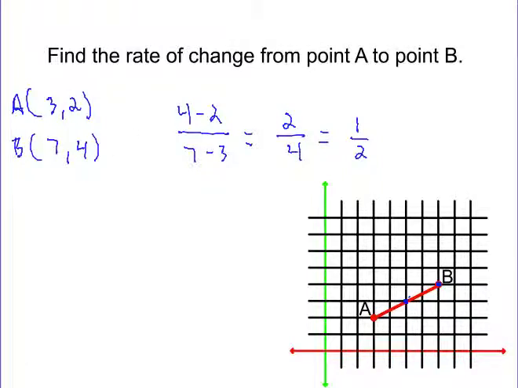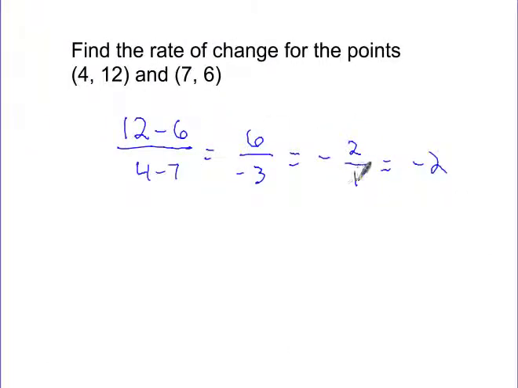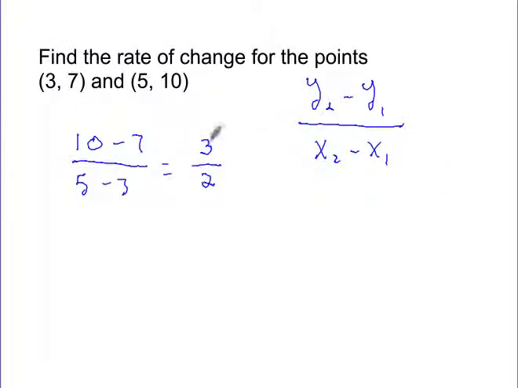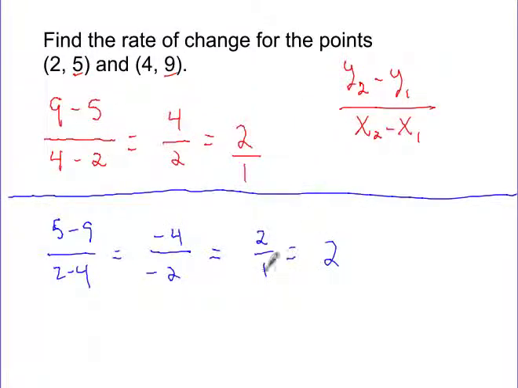As we look back at some of these past ones, as x changes 1, what happens to y? It decreases. It goes down 2. And as x changes 2, what's going on with y? It's going up 3, okay? And as x changes 1, what's happening to y? It's going up 2. So that's the whole reason that we're leaving these as fractions or improper fractions, because that tells us exactly what's happening in the relationship with the line as we graph it, okay?